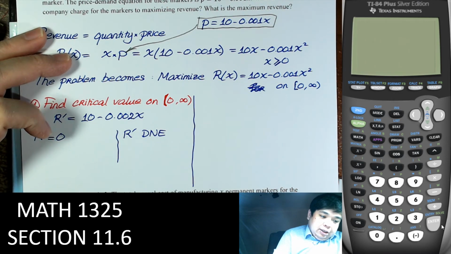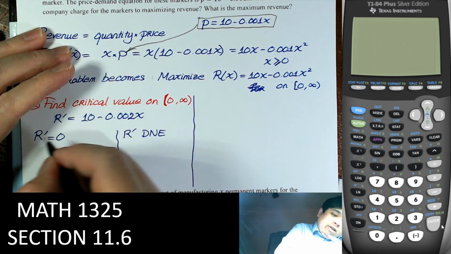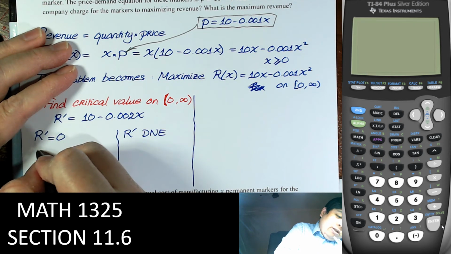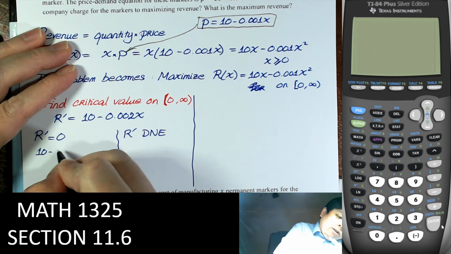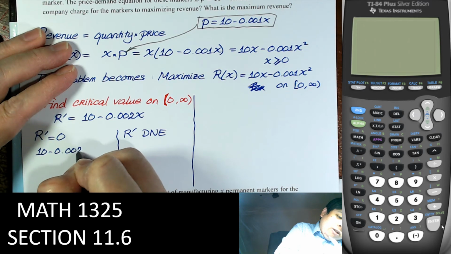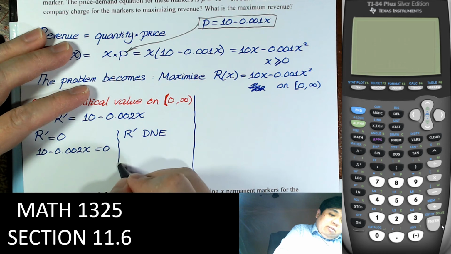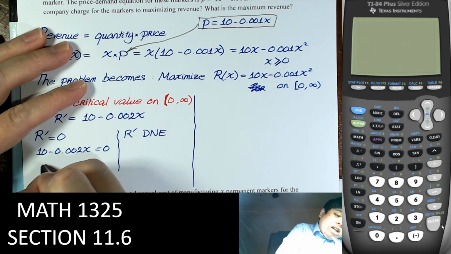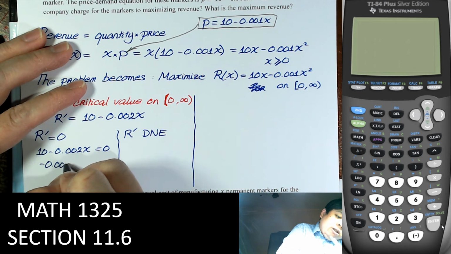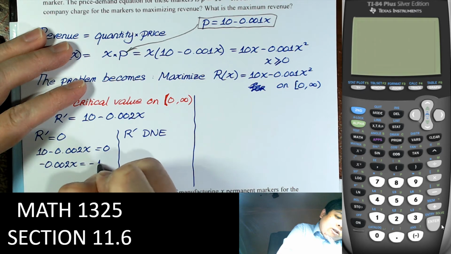Right. So take the derivative and set it equal to 0. And then we can solve for x: subtract 10 on both sides, and divide by that.